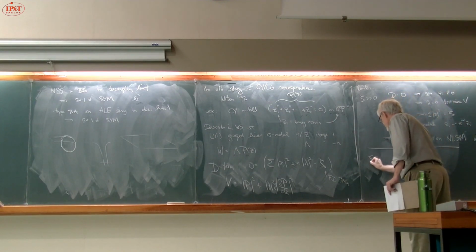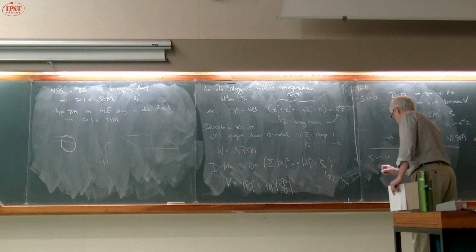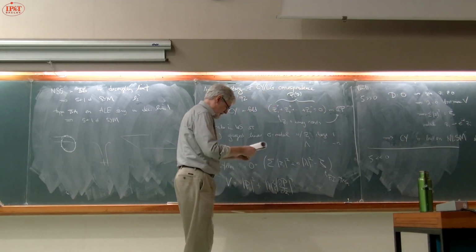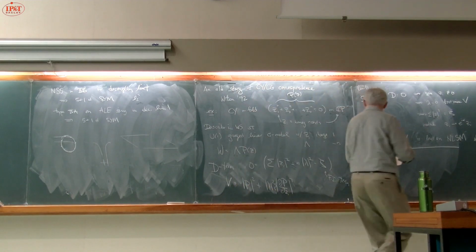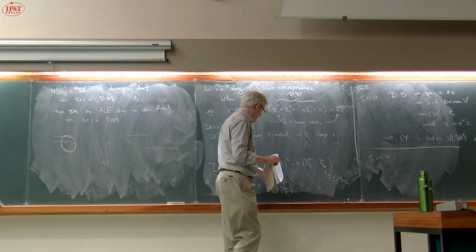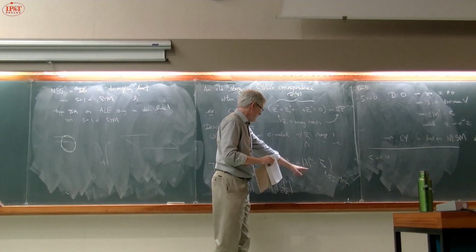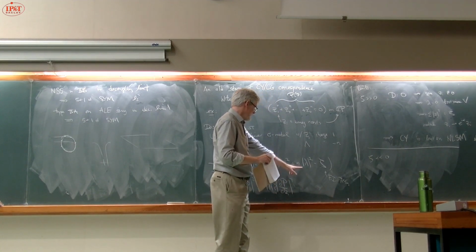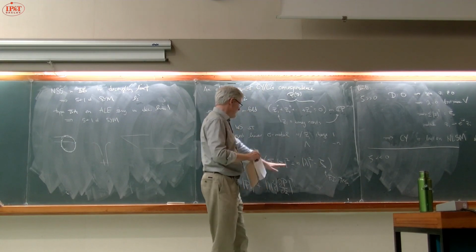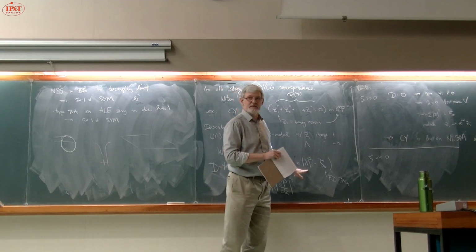Another limit you could take is zeta much less than 0. What's the low energy dynamics then? Well, now zeta is large and negative. The only negative term here is this one, and so in order to solve the D-term constraint, lambda better not be 0.